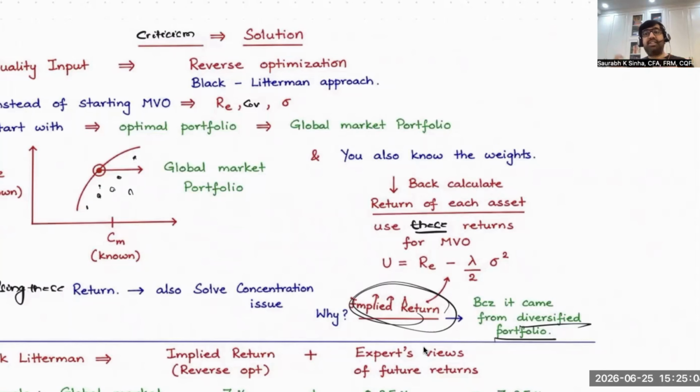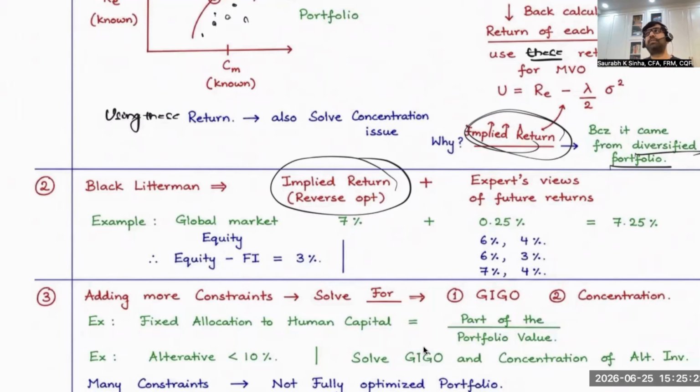There is no difference between Black-Litterman and reverse optimization. It's the same thing. You back calculate what implied return. But the problem is sometimes these implied return does not respect the view of the portfolio manager, the view of the expert. No issues. Incorporate the view in the Black-Litterman approach. How come?